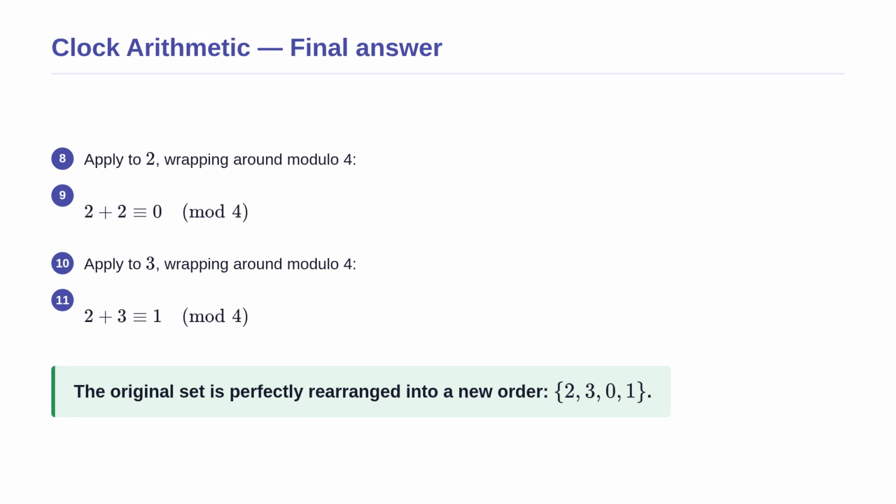Normal addition gives us 5, but applying our modulo 4 wrapping rule turns that 5 into a 1. Looking at all 4 results together, our original set of numbers has been perfectly rearranged into a new order: 2, 3, 0, and 1. This proves that left multiplication acts as a perfect uniform shuffle.